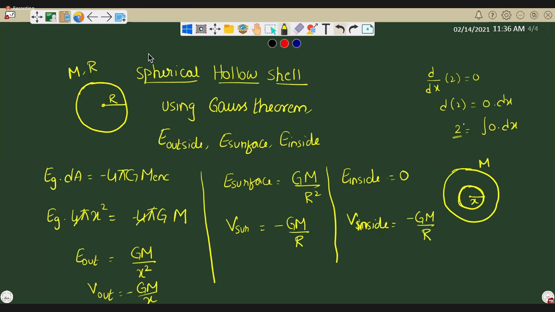So a gravitational field of 0 doesn't mean your potential will be 0. It still has a value, but it's a constant value. So if you are here, here, or here in a hollow spherical shell, the potential is minus GM by R.